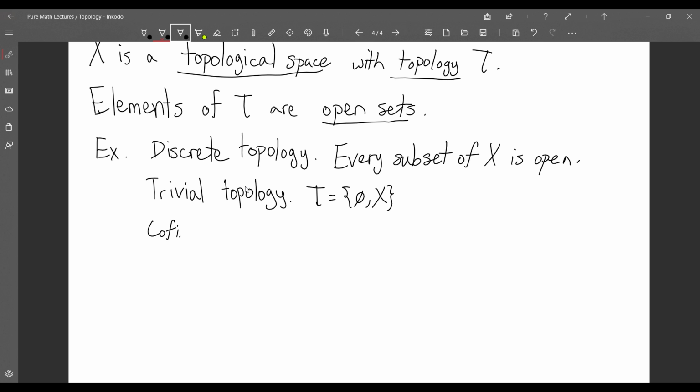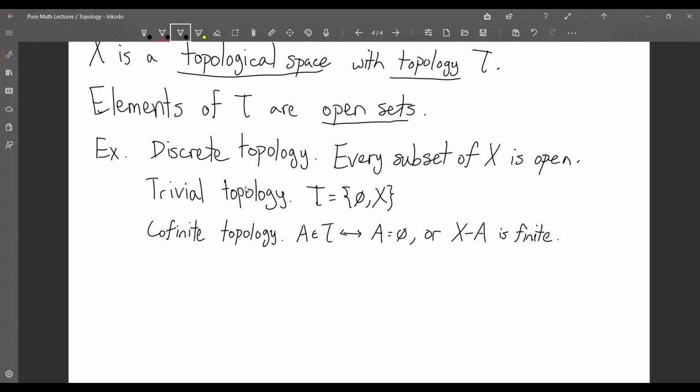There's something called the cofinite topology, or sometimes the finite complement topology, where the elements of T are such that either A is the empty set, right, because we need the empty set in our topology, or the complement of A is finite, which is why it's called the cofinite topology, right?